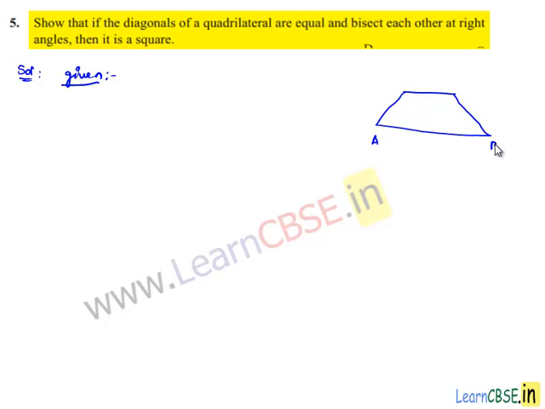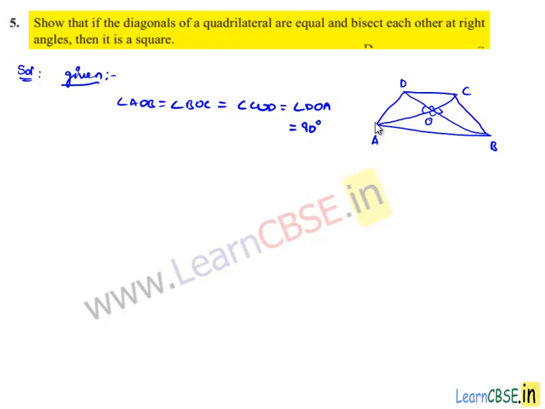ABCD in which the diagonals BD and AC intersect at O, and he says that they bisect each other perpendicularly. So all these angles will be 90 degrees. So we can say angle AOB is equal to angle BOC is equal to angle COD is equal to angle DOA is equal to 90 degrees.